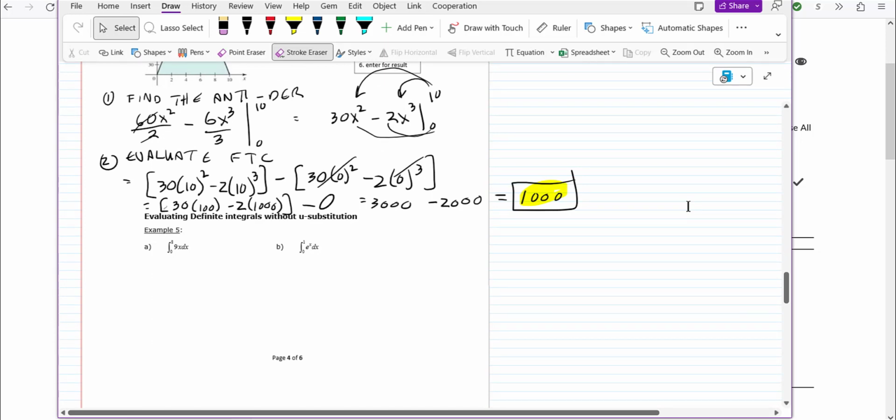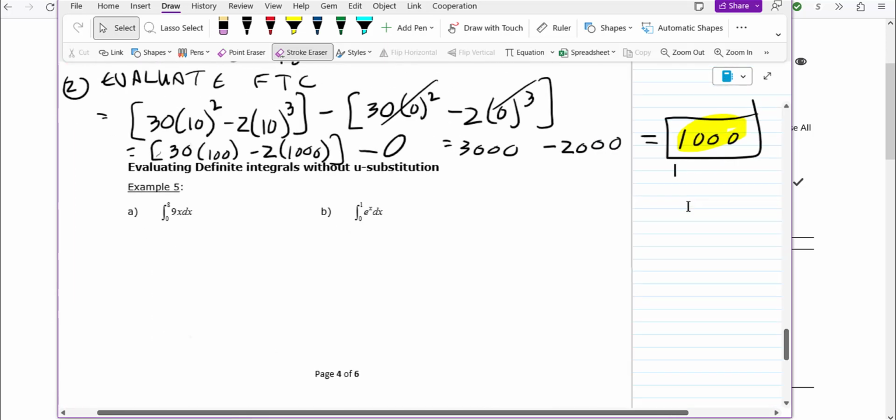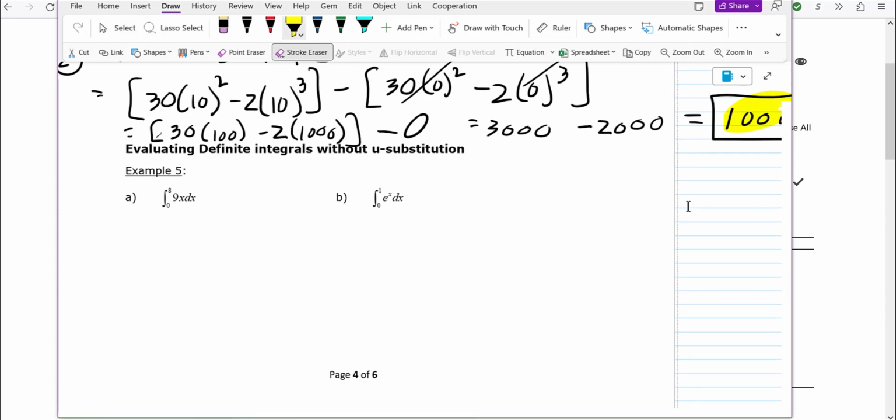So let's do a few more definite integrals. These right here I'm not going to do on the calculator, though you could. These problems, you can do the antiderivative in your head. So what is the antiderivative of 9x? 9x squared over 2, good, okay. Power rule. Then you do your shorthand notation like that.